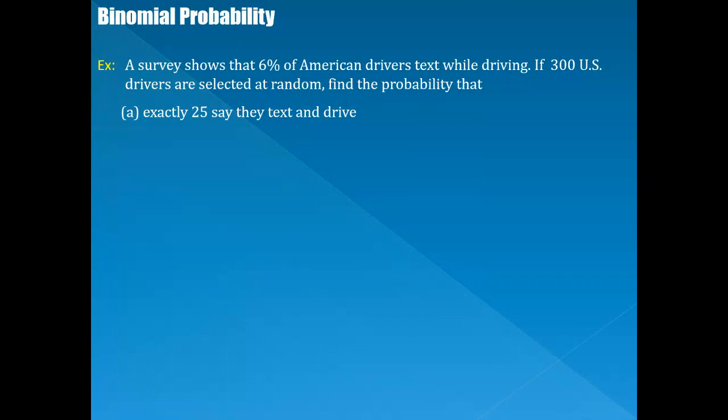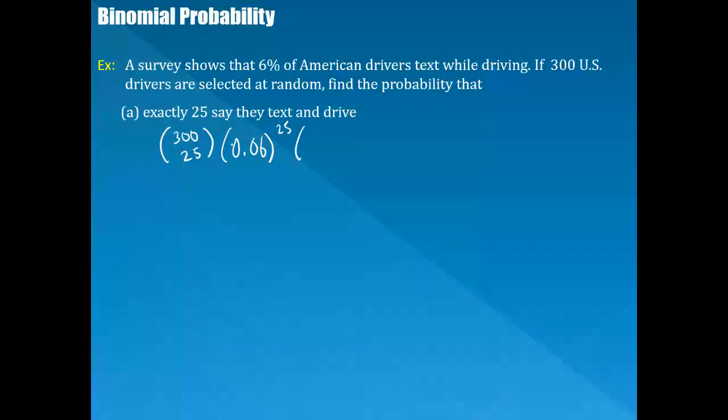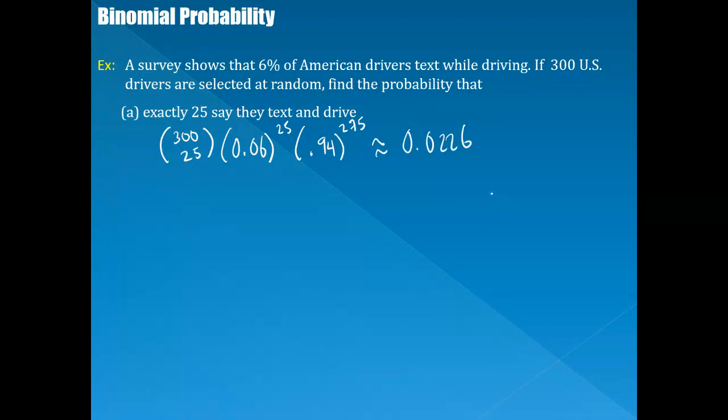Right, so here what's happening is, out of 300, I'm picking 25, so just like we just did, 6%, so 0.06, say they do text and drive, so the 25th power, times Q, or 1 minus that, so that's going to be 0.94 to however many else there are, 275. And in your calculator, when you go ahead and do this, hopefully you're getting this value.